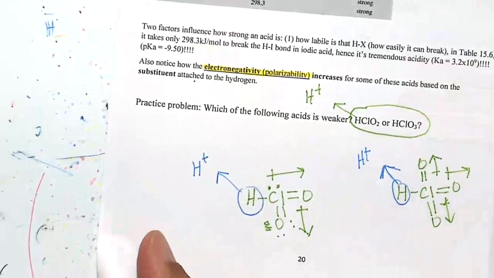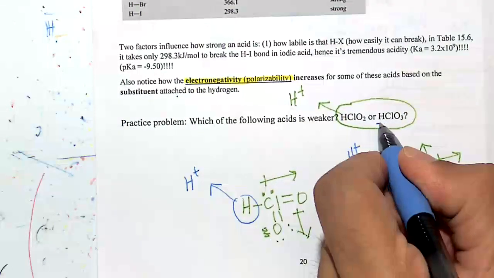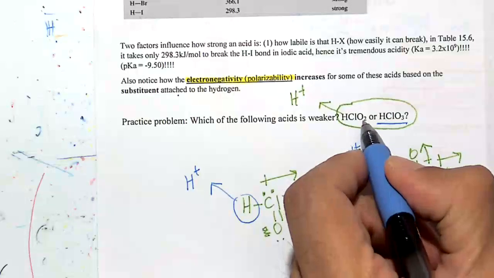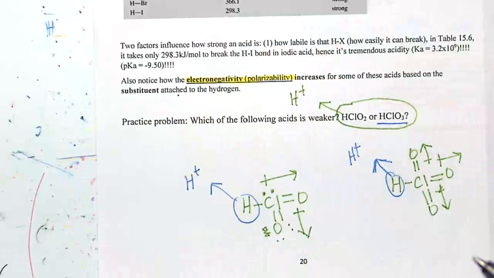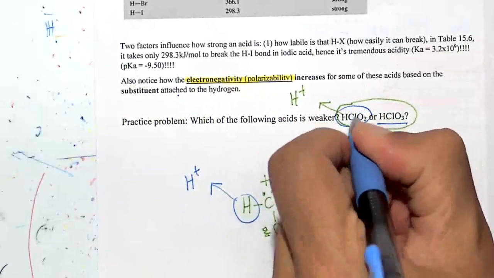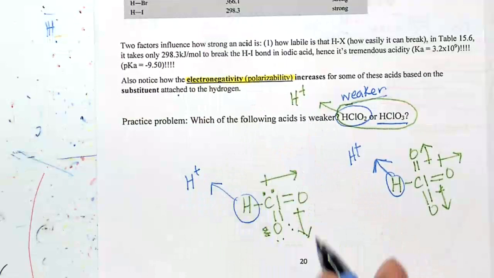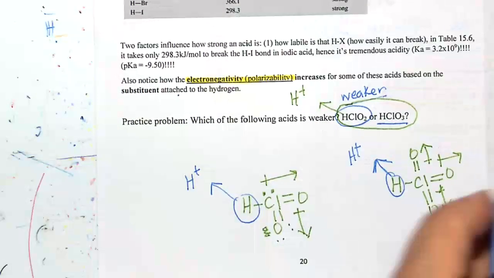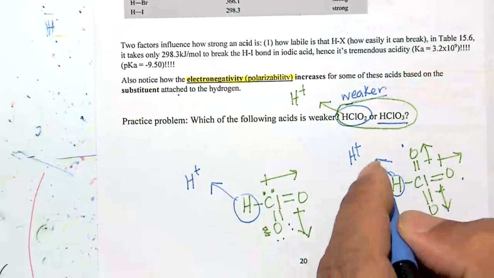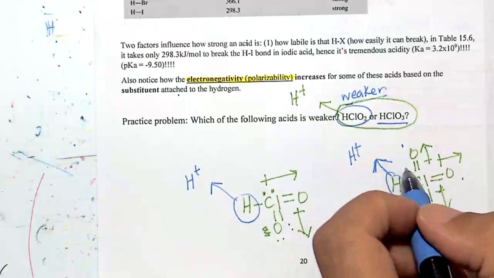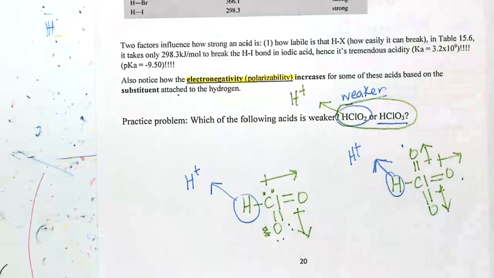So which is more acidic? This is going to be more acidic. Which will be weaker? Fewer oxygens, less electronegativity, less pull. This will be weaker. So what's the take-home point? The more electronegative atoms, the stronger the acid, just because these electronegative atoms pull. Remember from the first weeks of class, polarity, this idea of pulling.